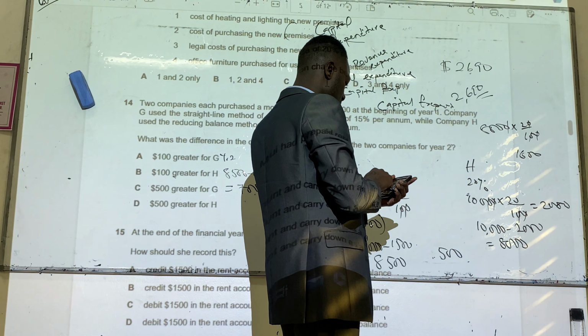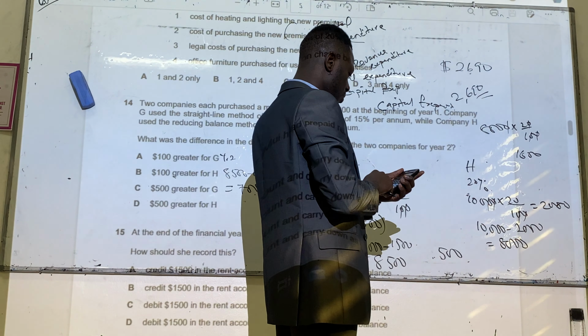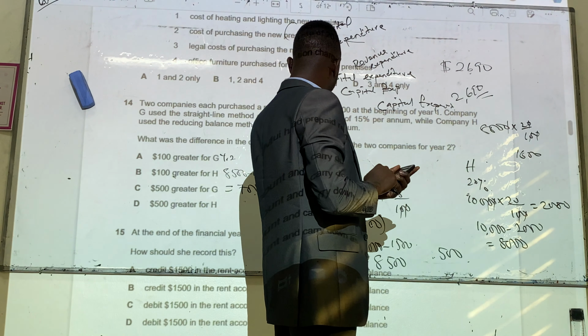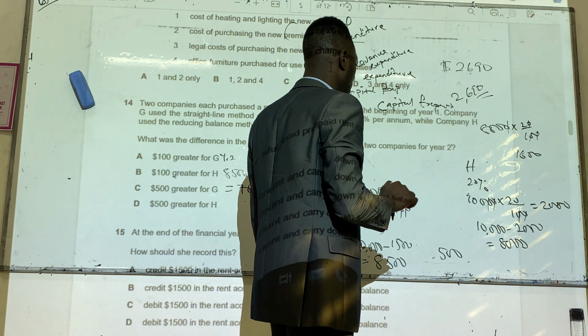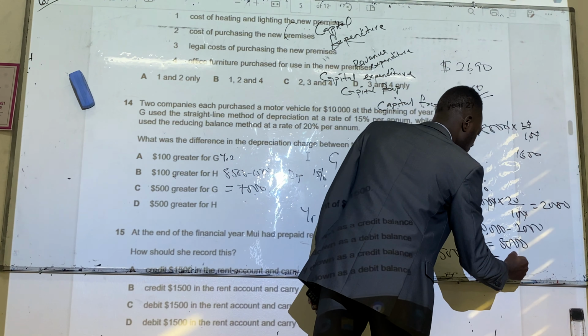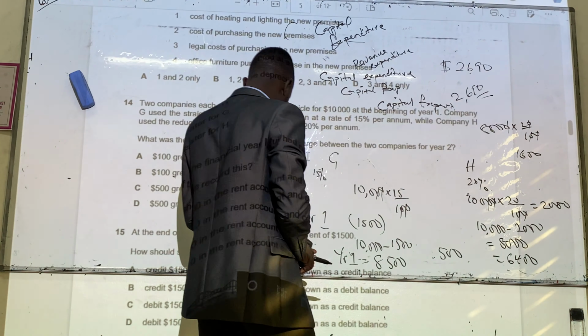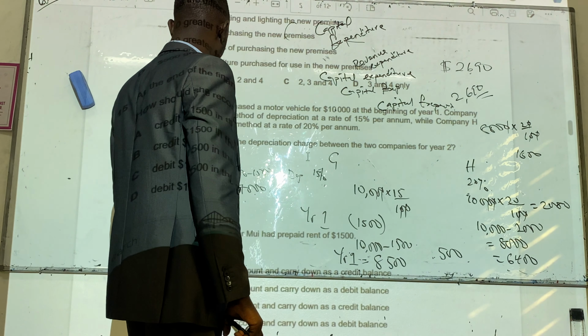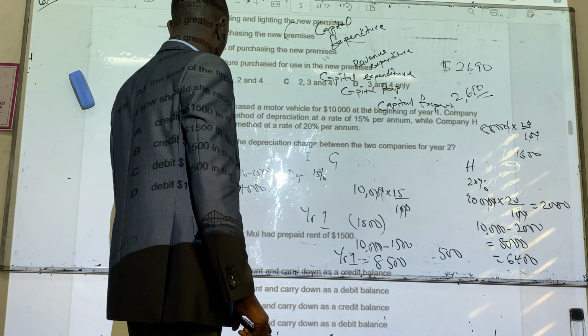So we have 8,000 minus 1,600. That's 6,400.